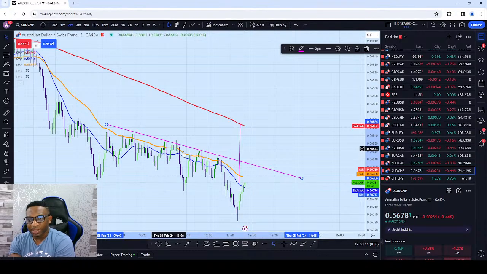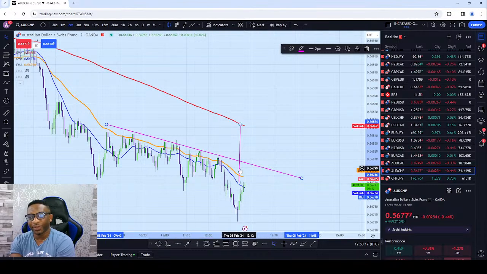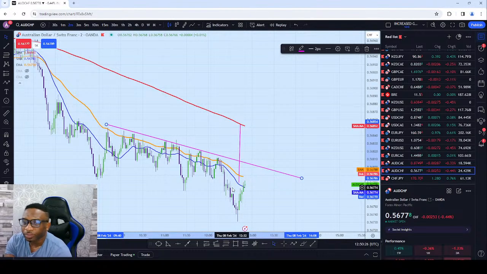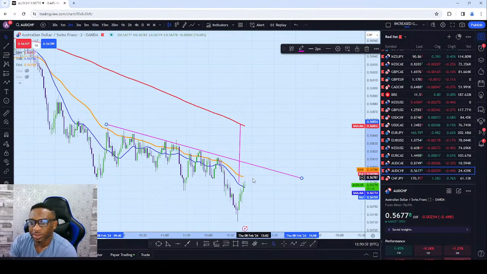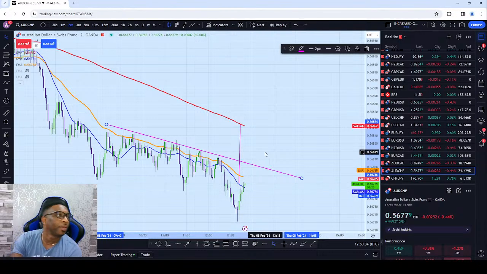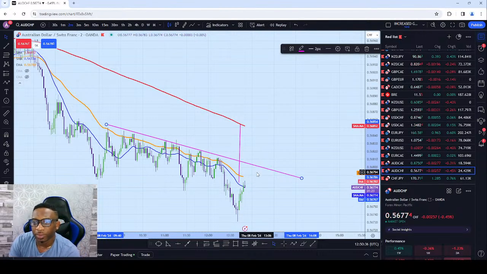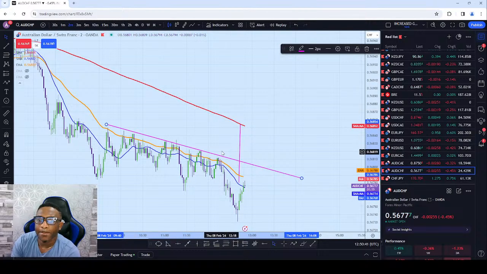Nevertheless, it could happen that just as it happened here, it came above this zone, so it could come back here and then drop. So if it comes back to this zone, and then we have a color change, if price takes out the last green candle, we could look out to take a position there.